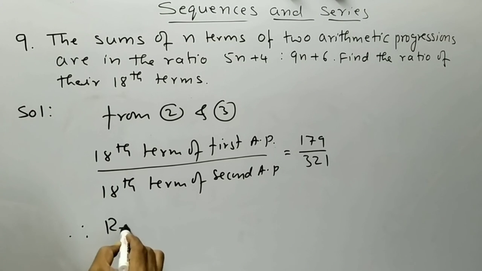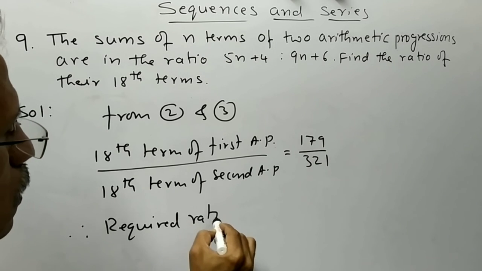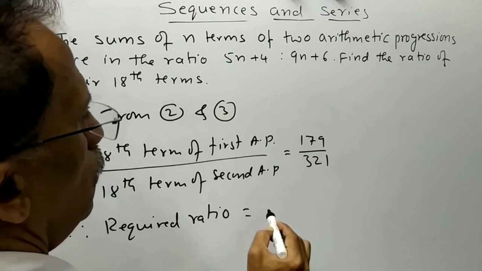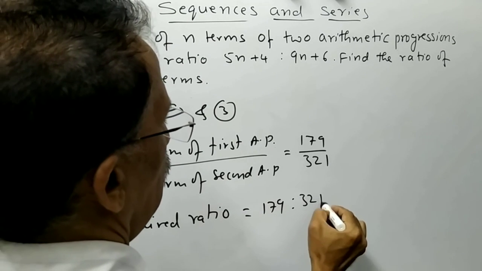Therefore, required ratio is equal to 179 is to 321.